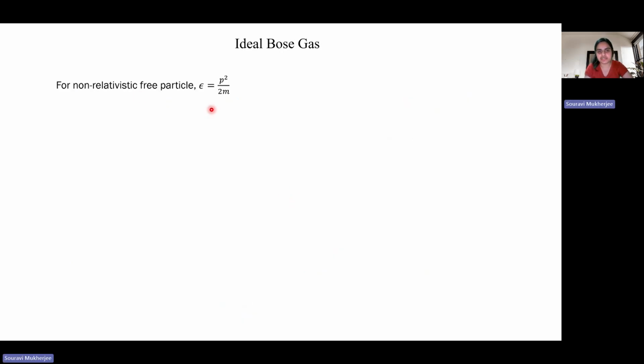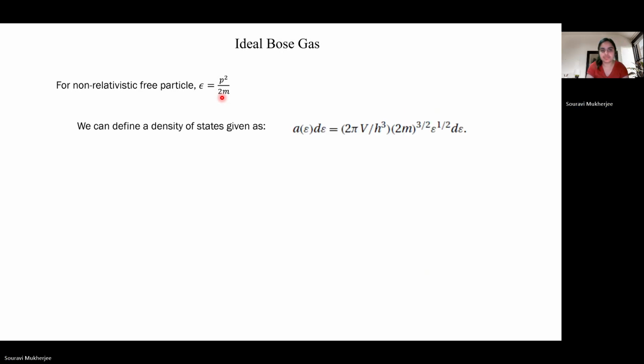So for a non-relativistic free particle, we know that energy is given as p squared by 2m. Based on this, you can define a density of states, which tells you how many particles are in an energy state from epsilon to epsilon plus d epsilon, right?